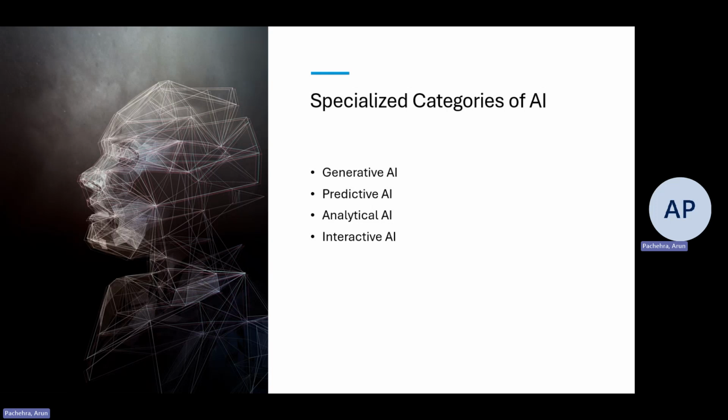We are hearing generative AI everywhere, which is a subset of AI focused on creating new content. New content doesn't mean it's just typing or giving you something that's already in the memory, but it is actually generating new content such as text, image, or music, or code, or things like that. We all know ChatGPT. It learns from a vast data set to produce new, original outputs that mimic the learned material.